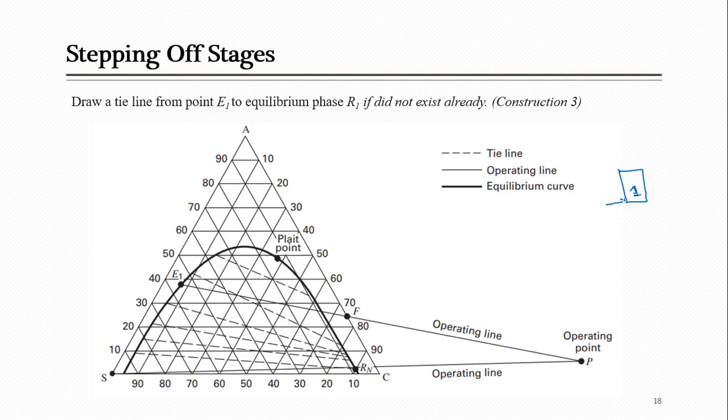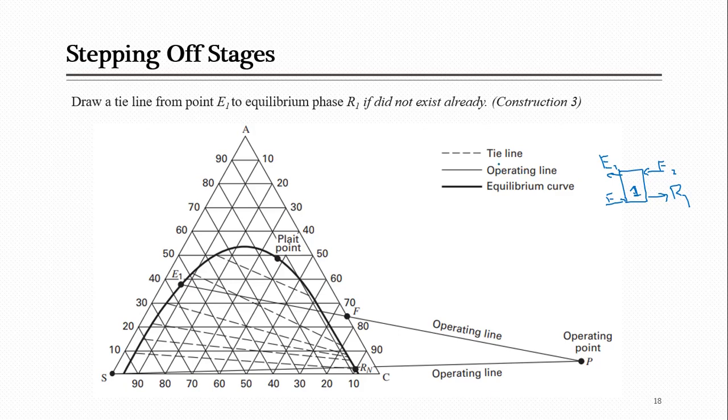You remember that the feed enters here, and here something rich in the solvent enters, which we call E2 from that diagram. What was leaving the system were R1 and E1. You know that R1 and E1 are in equilibrium with each other.